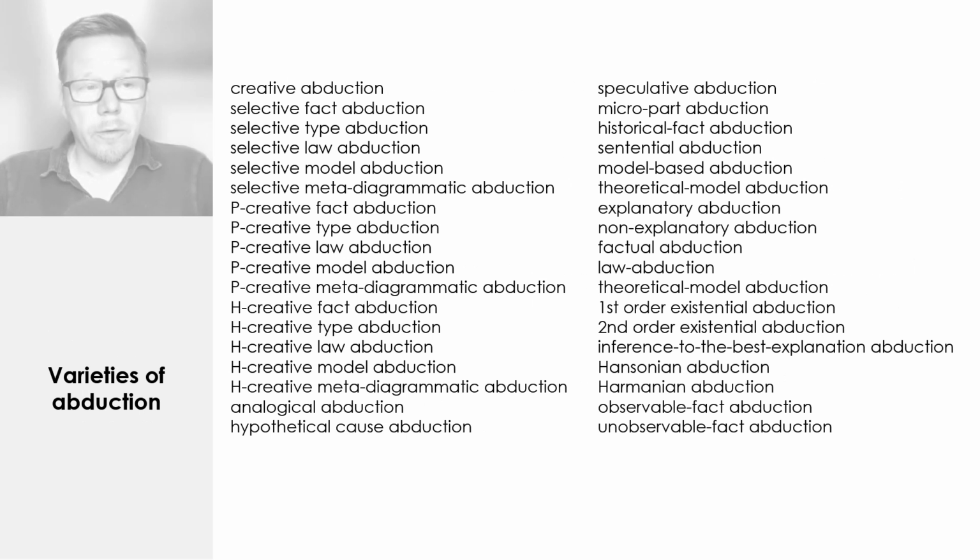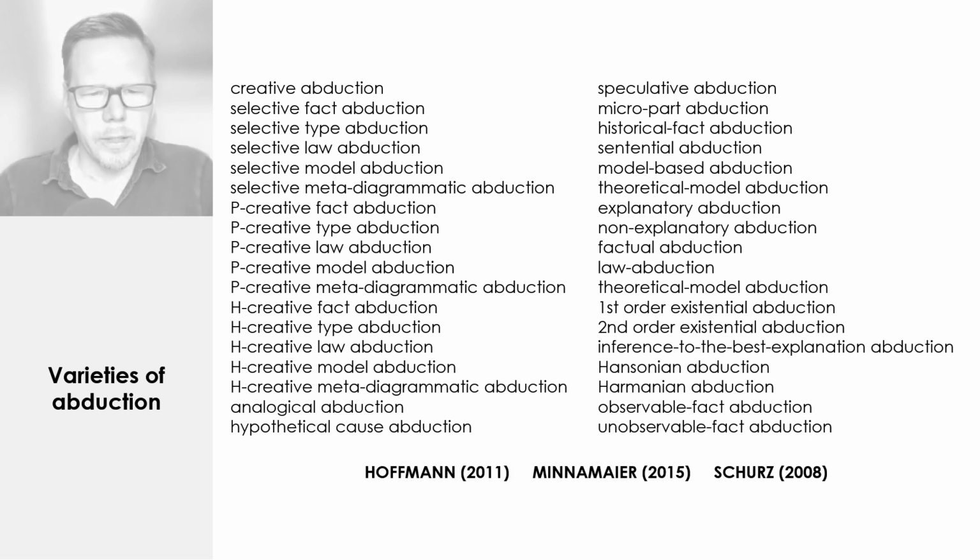The objective of this slide is purposely to overwhelm you. So far, I have counted 36 different varieties of abduction. They can be found in the works that I have cited in this lecture.